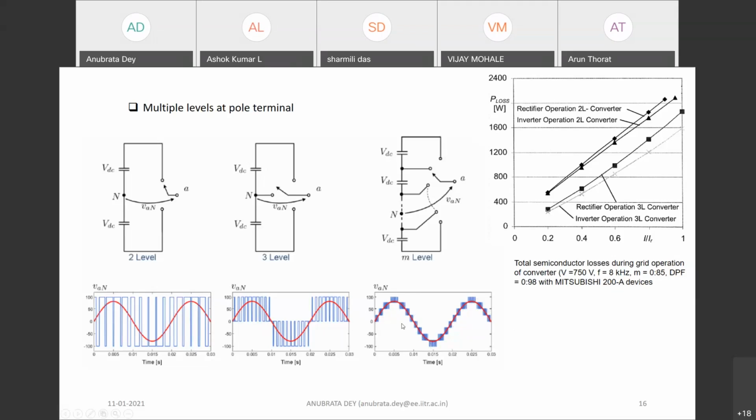But this is about the synthesis and the amount of harmonic content in the output voltage. But what about the losses? If you look at the losses, that is shown in the right hand side. If you just compare between two level and three level, the data is what I have got.